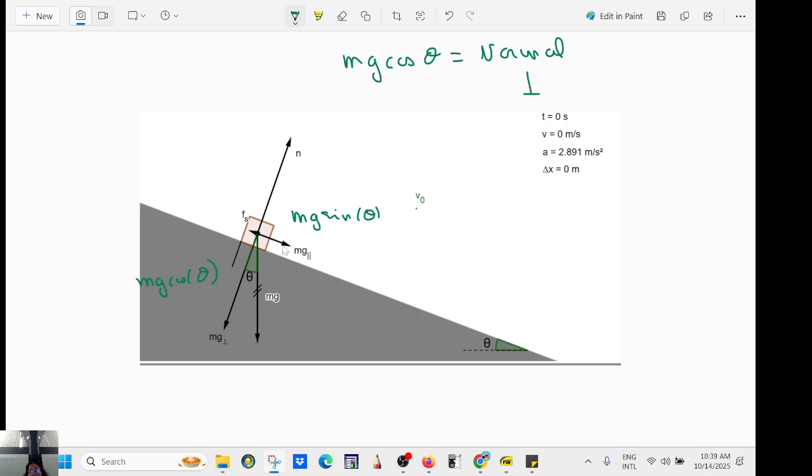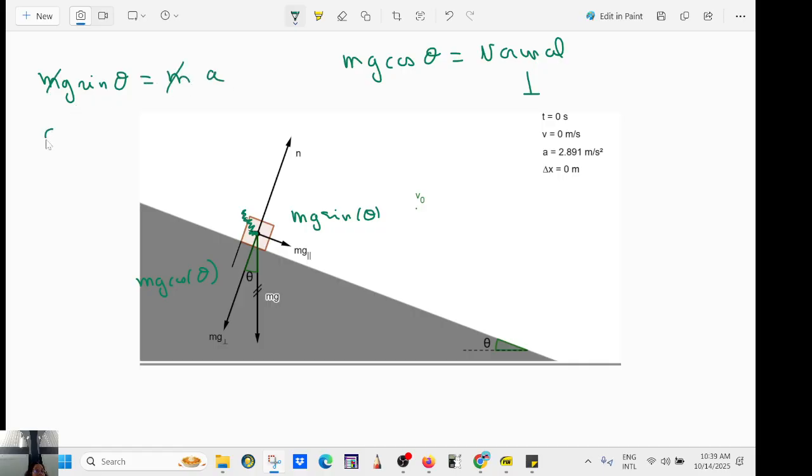Okay, so if it's just the weight here, if there is no friction, let's say it's frictionless, then you're going to have mg sine. So that will be the unbalanced force that will make you go faster down the slope. So if there is no friction, then you have mg sine equals ma.